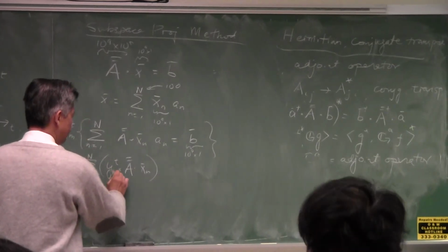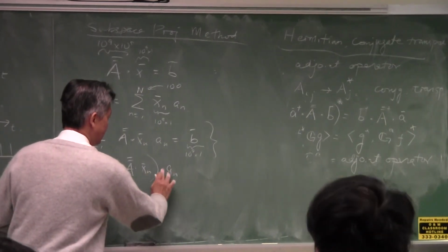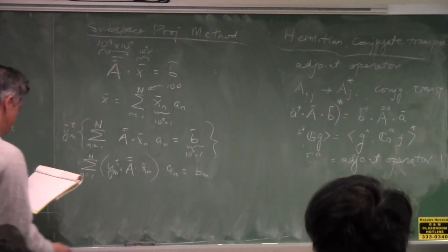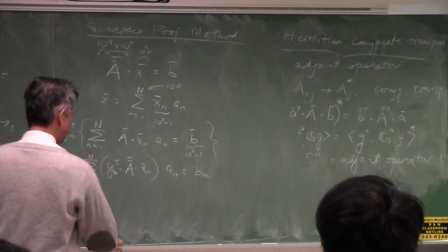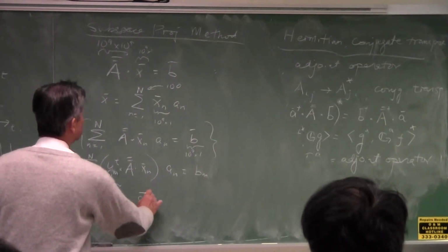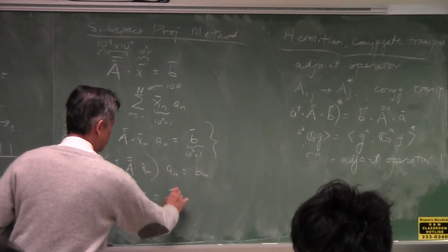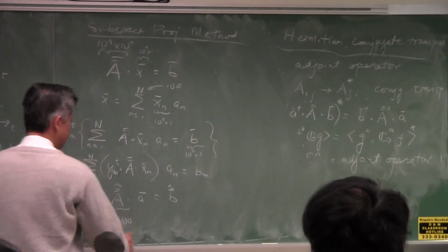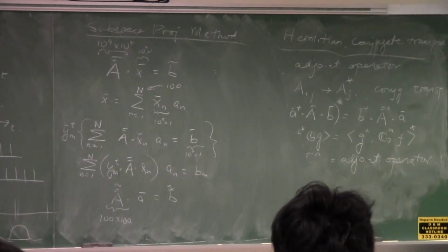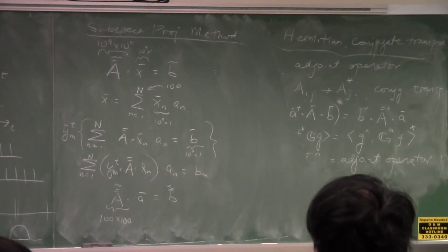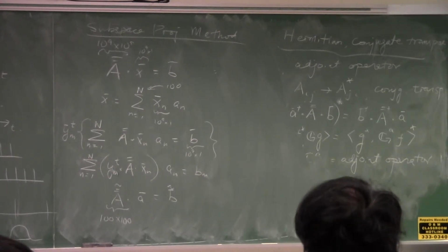This is N. A_N is equal to, say, P_M, right? Then I have a new system, and this is 100 by 100. And this system is a lot smaller. So this is essentially the essence of this method, a subspace projection method, where I find subspaces to approximate the original space.